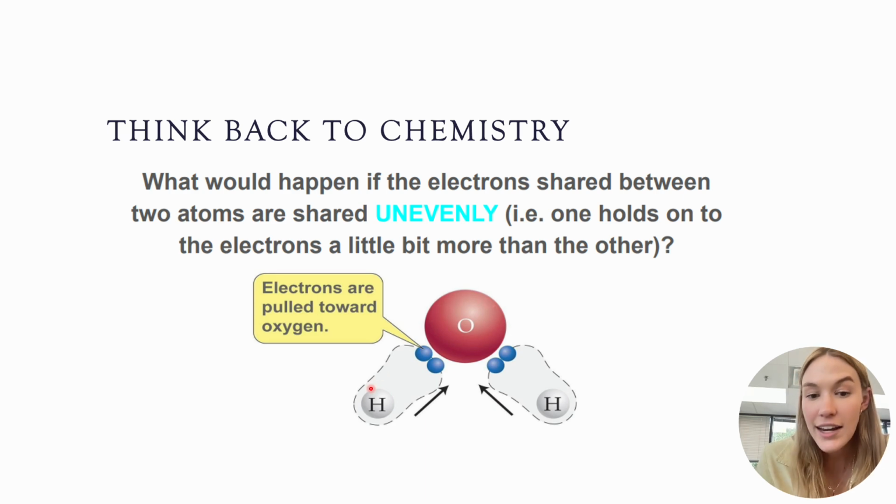Hydrogen hasn't totally given up its electrons, but it has mostly given them up to oxygen. And so we call these charges partial charges. So this oxygen would have a partial negative because these electrons are very close to the oxygen. And the hydrogen, because it's given up that negative charge, relative to what it was before, is more positive.